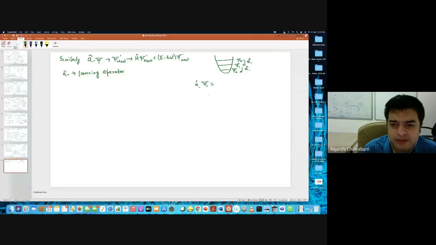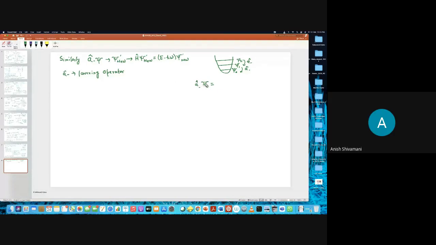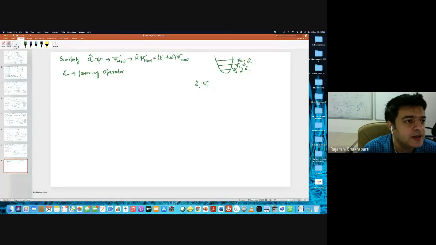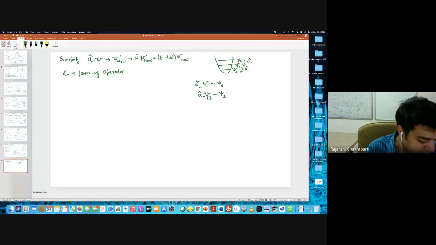Yes, actually, better to write like this. So A minus on psi 2 gives psi 1, and similarly, if A minus operates on psi 1, it will give you psi 0. Now can anyone tell me, if A minus operates on psi 0, what will be the answer?